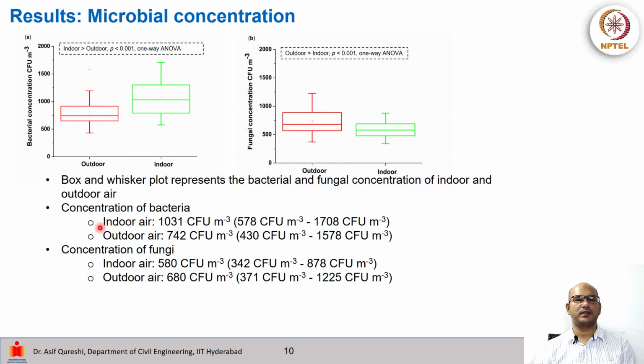So this is summarized here that indoor air, the concentrations were 1031 as median, and the range percentile values. Same for the fungi. So for bacteria, indoor air had higher concentrations than outdoor air, but for fungi, indoor air had a bit lower concentration than the outdoor air.